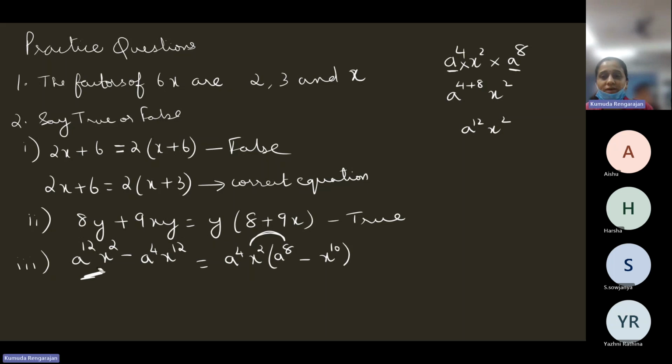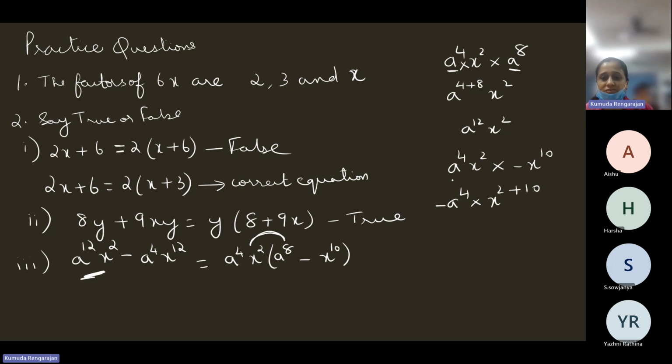So we have the first term here. The second term, a to the power 4 x squared into minus x to the power 10. Again, a to the power 4, you can put the minus here, into x to the power 2 plus 10.